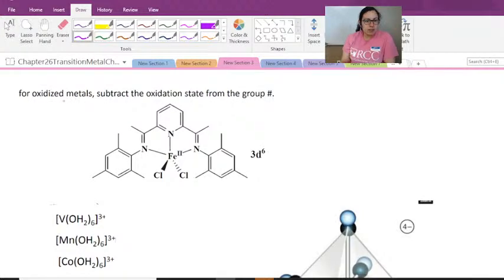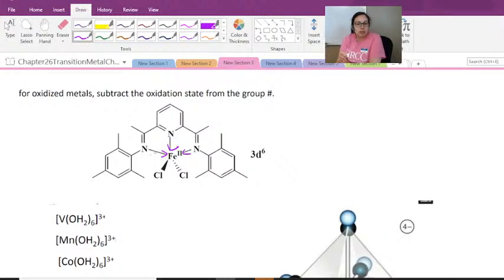And so all this is saying is, if you have the oxidized metals, start with your group number with the neutral and then figure out your D count. In this case, looking at our nitrogens here, all these are donating 2 electrons. So I just put the full arrow so we can see that.